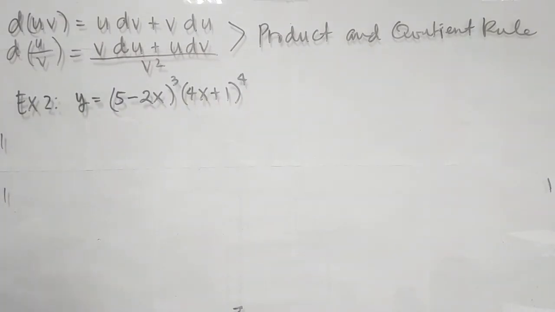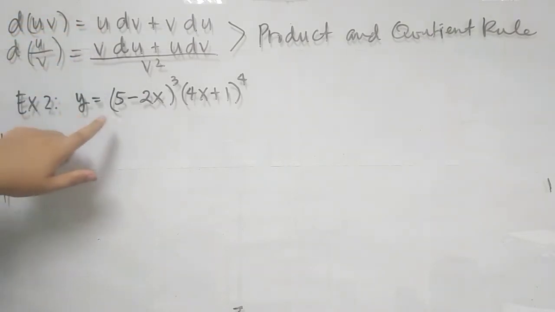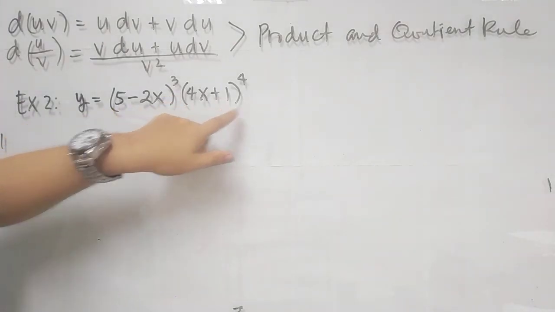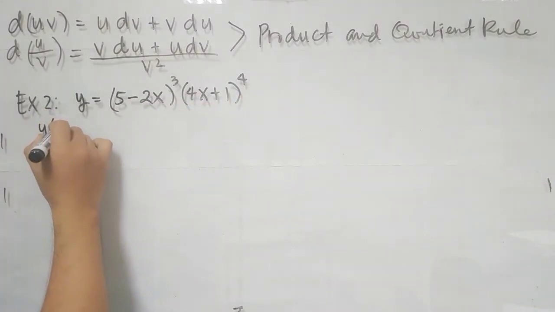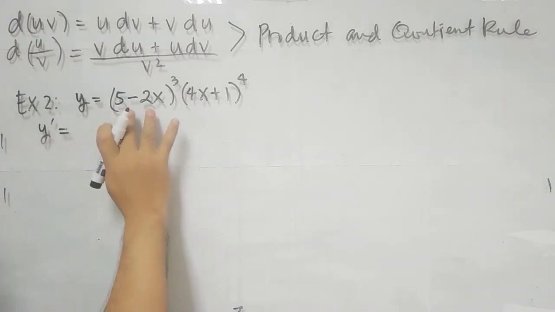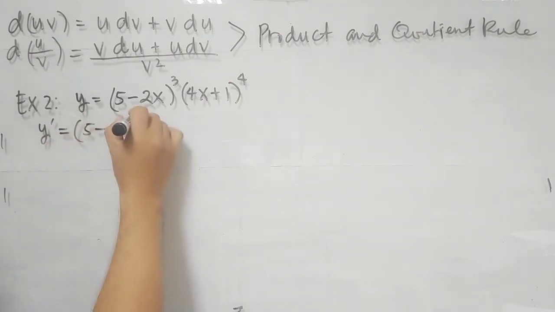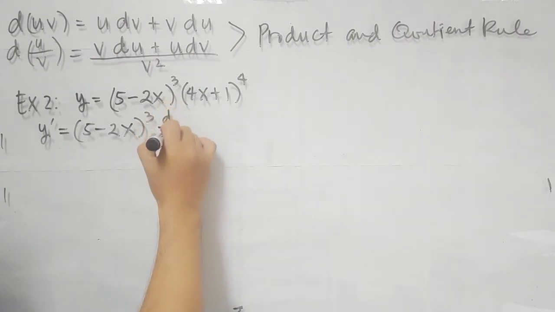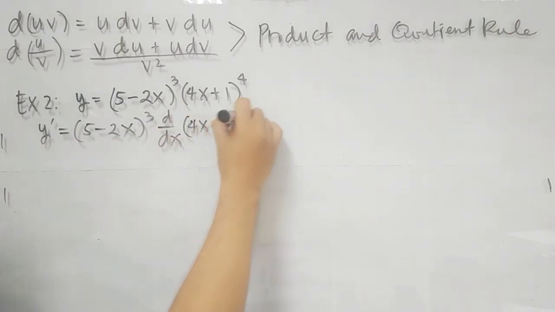We have another example in the presentation of a product rule of derivative. We have our equation y equals (5 minus 2x) raised to 3 times (4x plus 1) raised to 4. So when we write our first derivative of this equation, we have to write first this first group, that is 5 minus 2x raised to 3, and then the derivative of the other group, derivative of 4x plus 1 raised to 4.